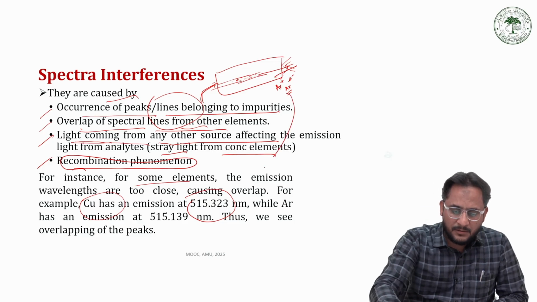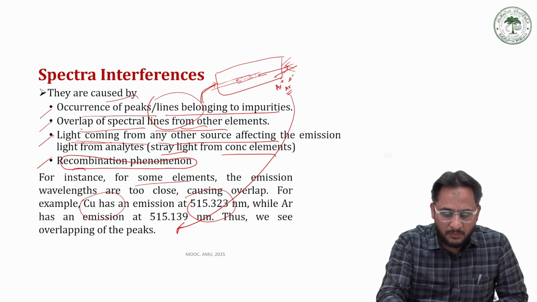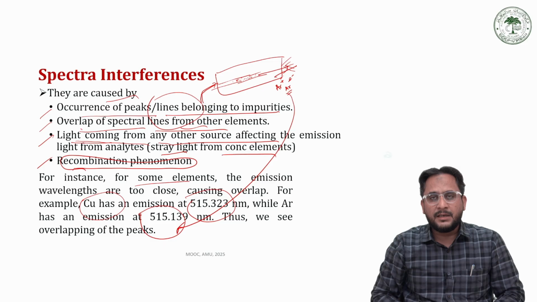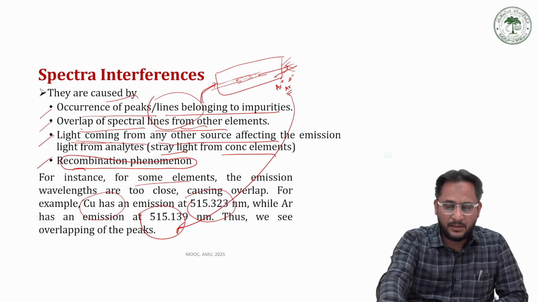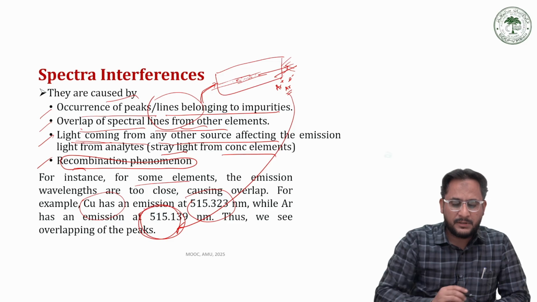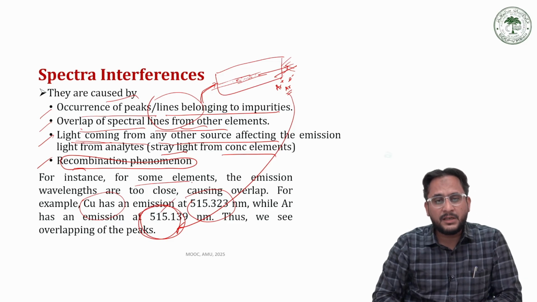So these also create some emission spectrum. The spectral line of this argon comes at 515.139 nanometers.